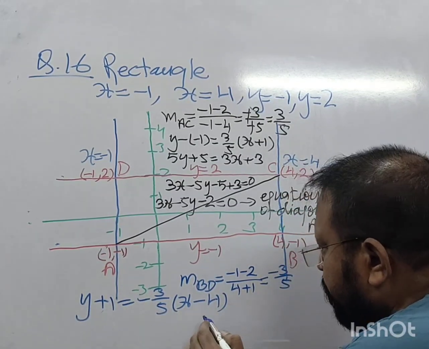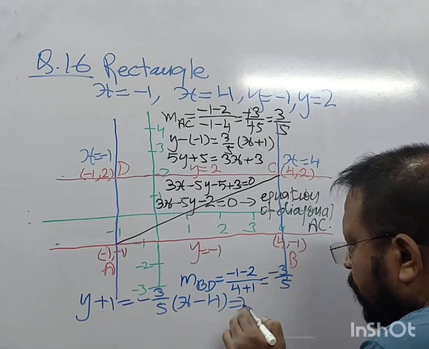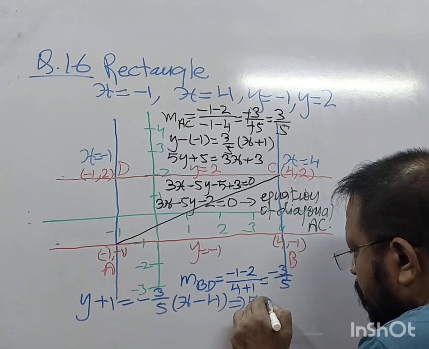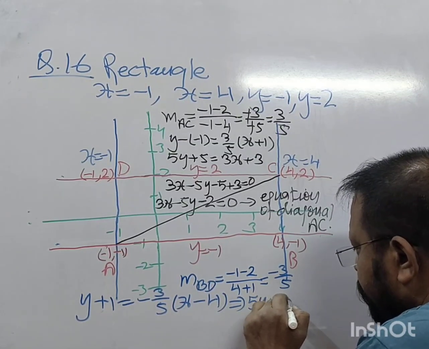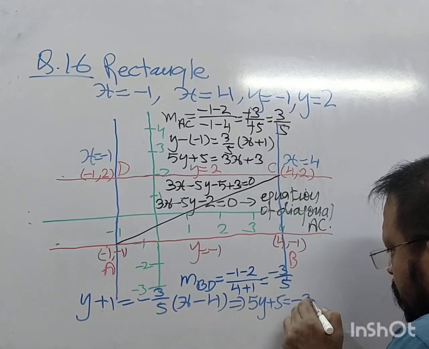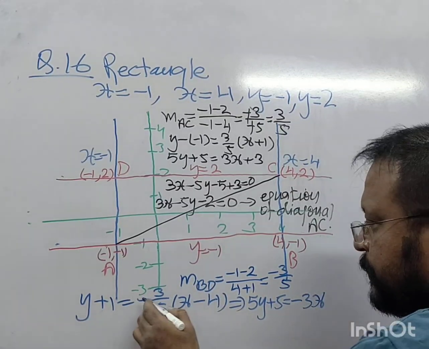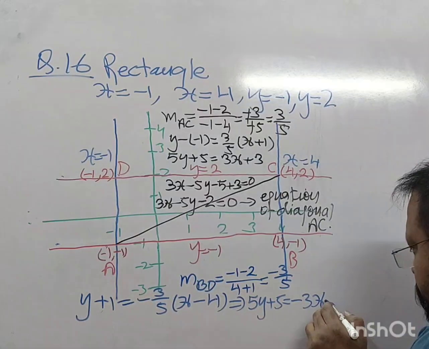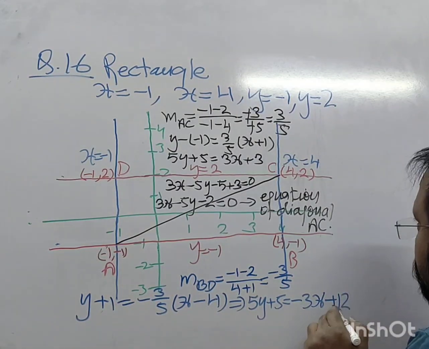Cross multiplied, we can write 5y plus 5 is equal to minus 3x plus 12.